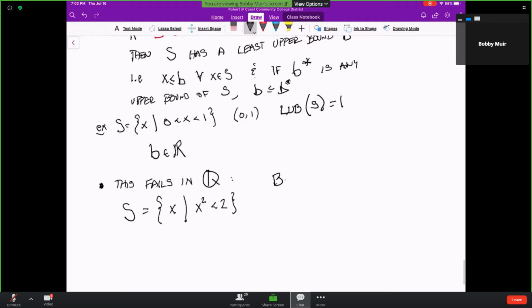So B equaling 2 is an upper bound, because if X squared is less than 2, X is going to have to be between negative the square root of 2 and positive the square root of 2. Now what would be the least upper bound on this set?